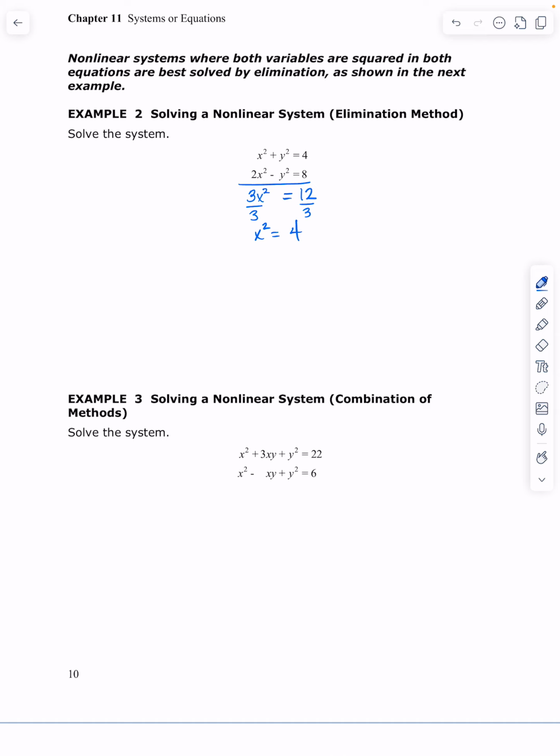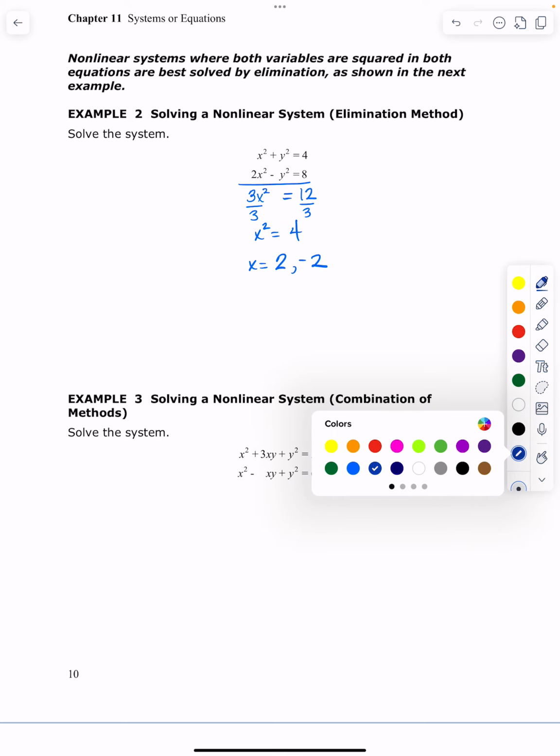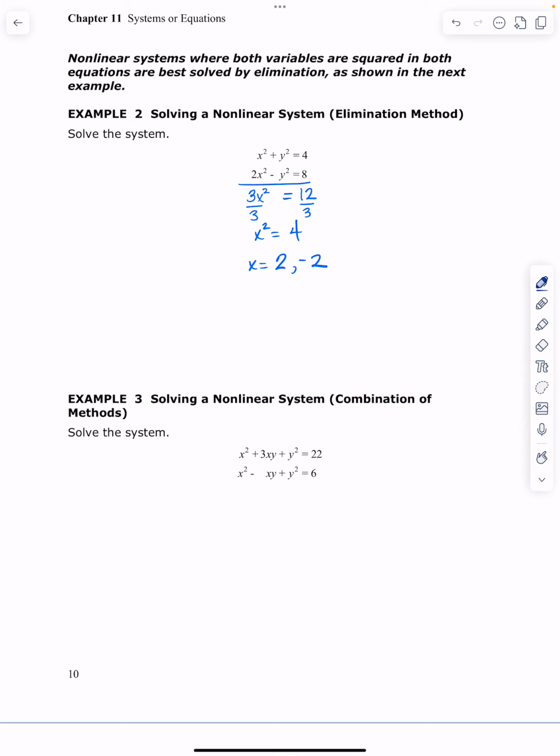Remember, I want every x that makes this true. So x is either positive 2 or negative 2. Okay, now, if you notice, both of these equations have x squareds and y squareds. So I am going to go ahead and start with x equals 2 over here.